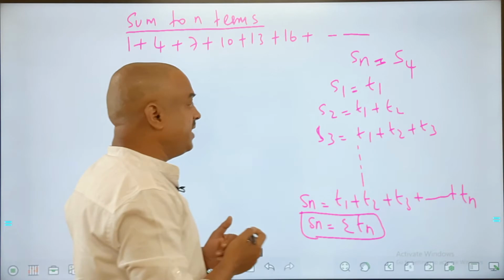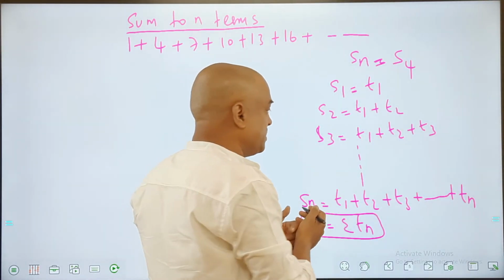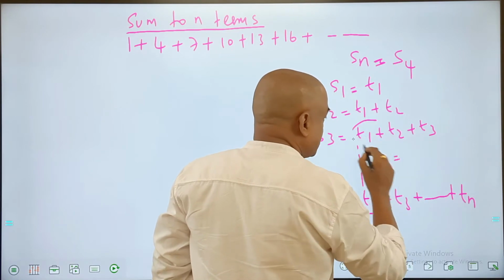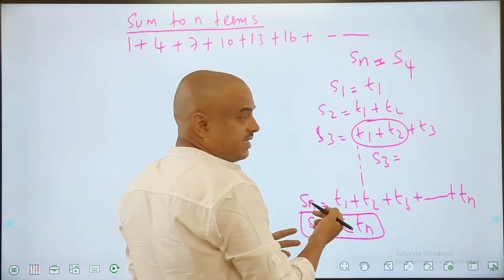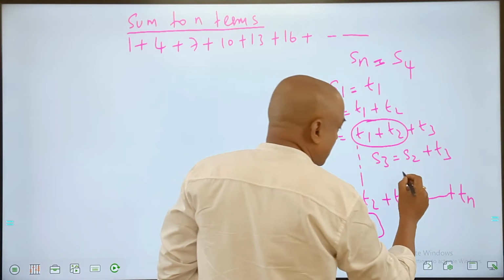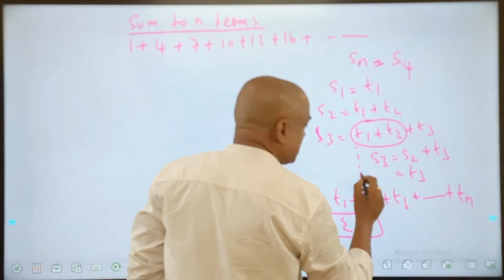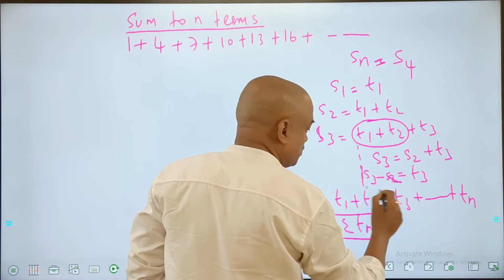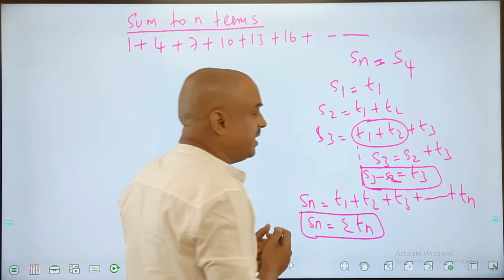And with reference to the points which we have discussed here, I can also say S3 can be called S2 plus T3. So I can also say T3 is S3 minus S2.